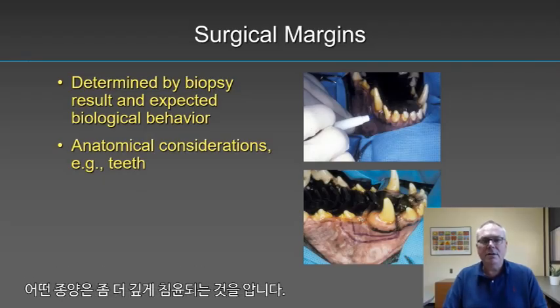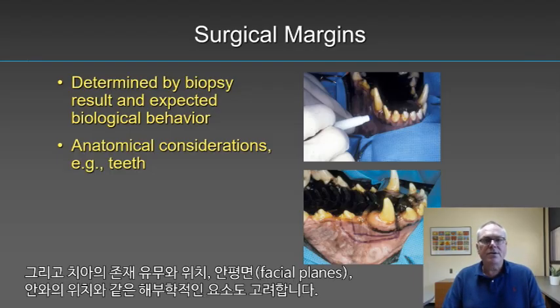We know that some tumor types infiltrate more deeply than others, and that is also influenced by certain anatomical considerations, for example, the presence and location of teeth, facial planes, the presence of the orbit, and so forth.